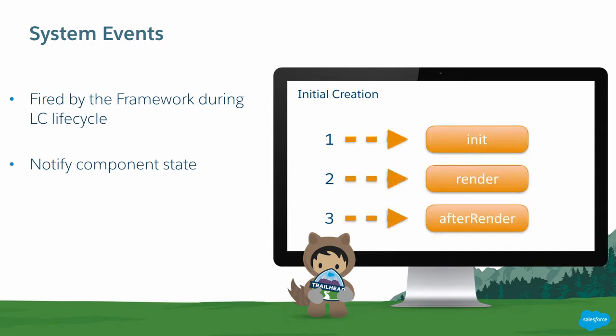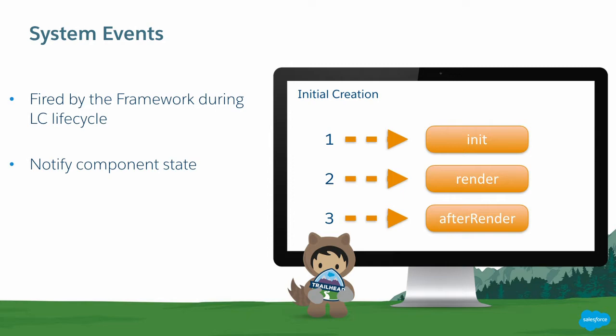Here is an example of 3 system events that are fired by the framework in this particular order whenever a Lightning component is created: the init event, the render event, and the afterRender system event. For today's session and our example here, we're going to take a look at this render event and how we use that for our use case.